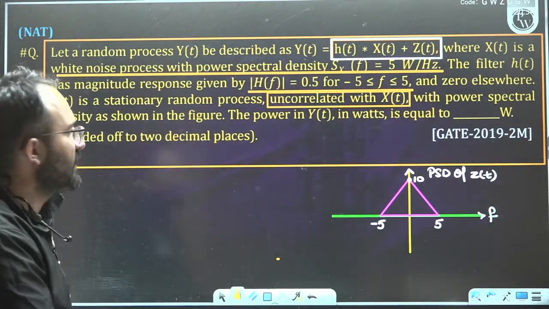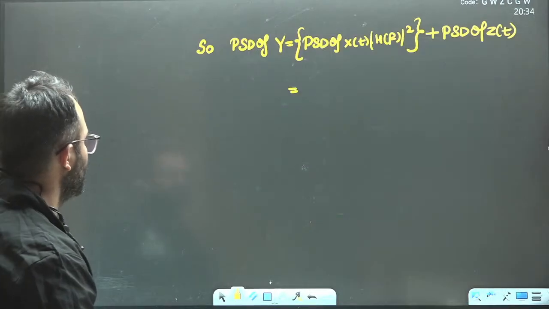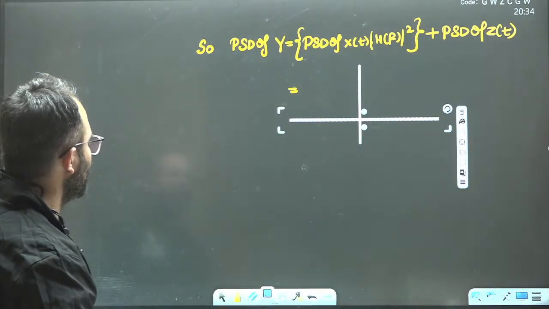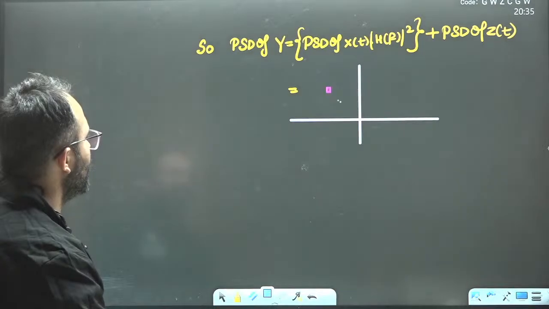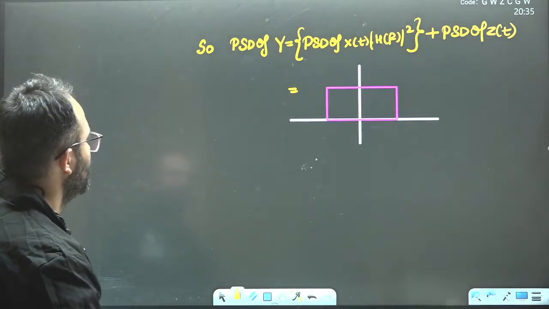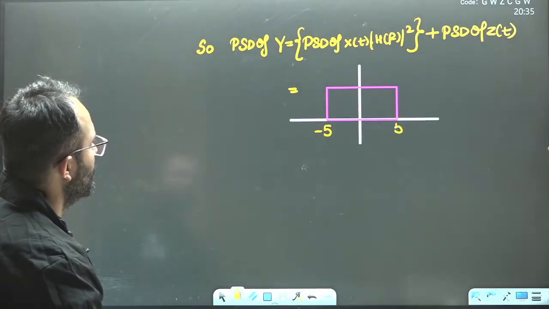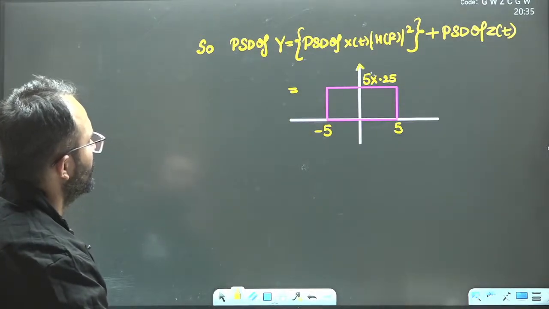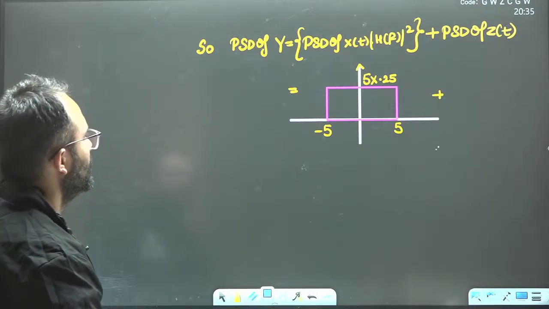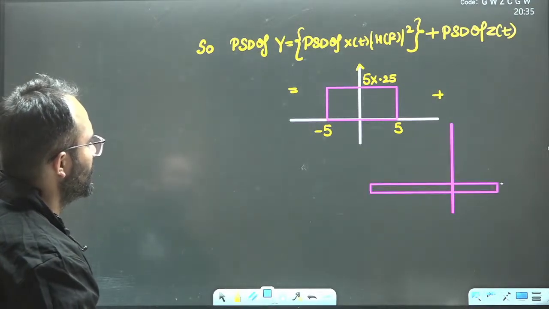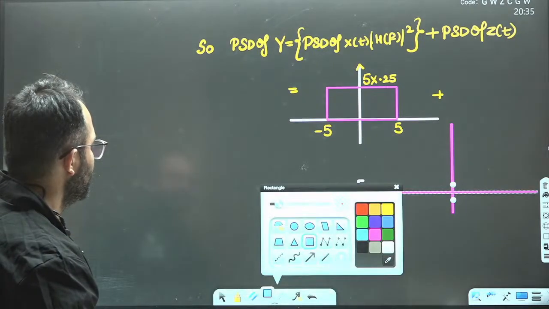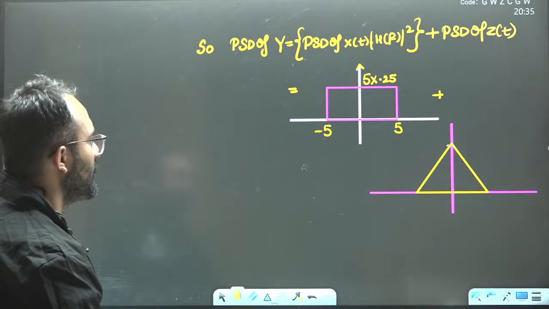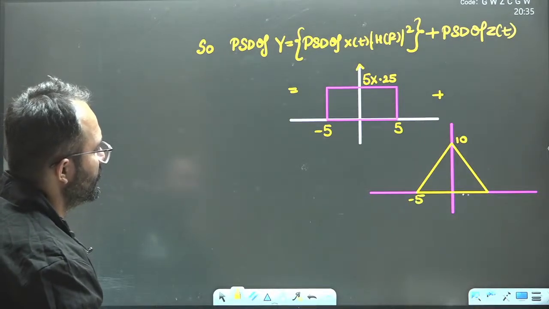H(f) is 0.5, so it will be 5 multiplied by 0.5 whole square. We get a rectangle from minus 5 to 5 of height 5 multiplied by 0.25, plus the power spectral density of Z, a triangle, from minus 5 to 5.